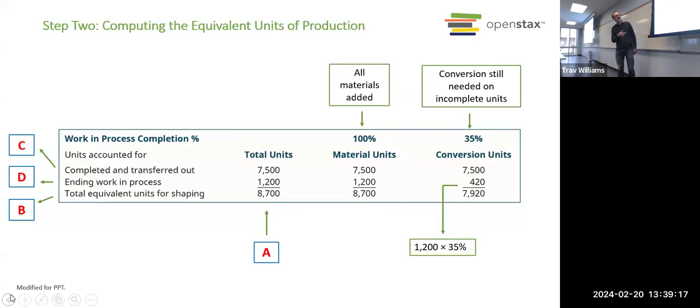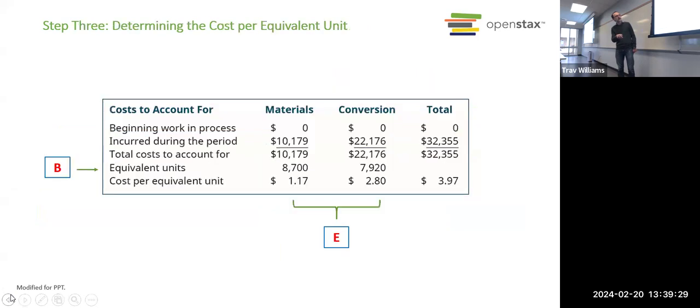So now that we have figured that out and we have the total equivalent units for materials and for conversion, we can take these numbers. See how it's the same numbers here. We have equivalent units for materials and conversion, right?